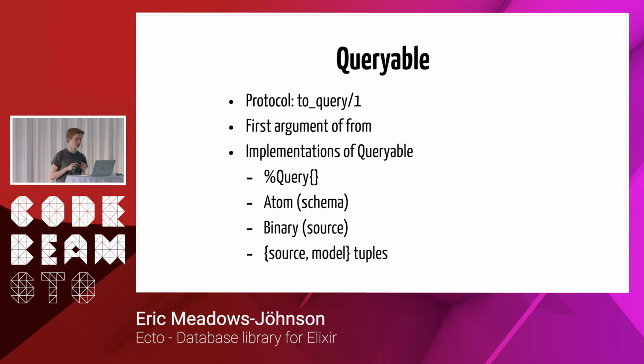If you remember, for the first argument in the from, we could pass in either a post or an existing query. And this builds upon the Queryable protocol. A post is a module name, which is a schema, as we can see here, and we can take a schema and convert it to something that we can query. And of course, we can convert an existing query to a query as well.